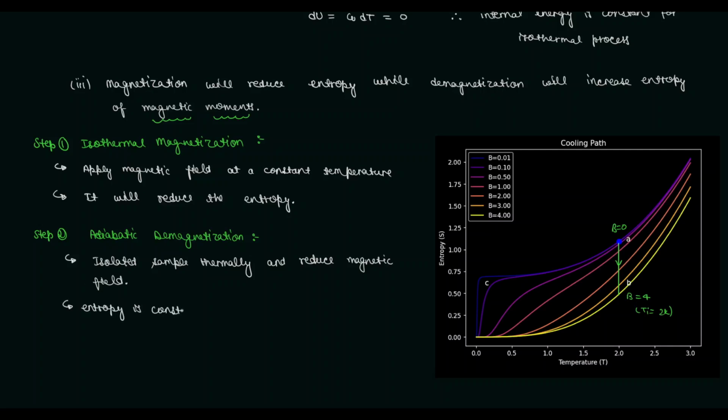Here again the entropy is the entropy of the system, and the system contains the lattice as well as the magnetic spins. And here in this plot, the entropy corresponds to the entropy of the system, where I have included the T cube term from the lattice vibrations also.